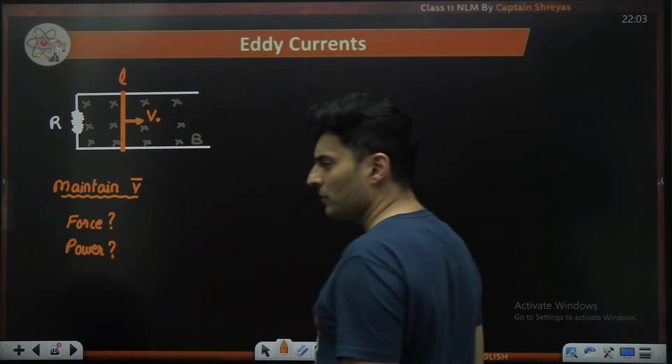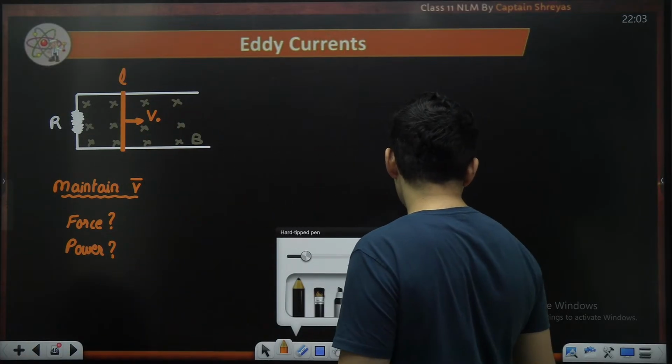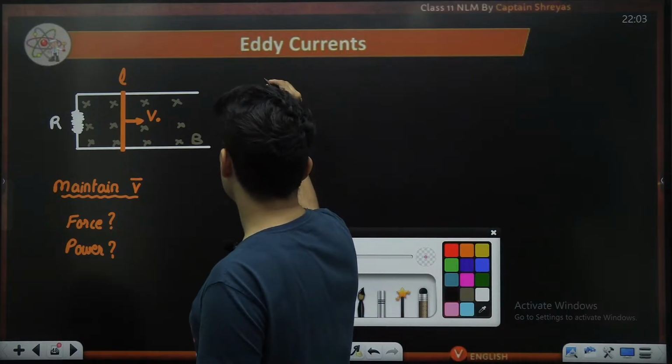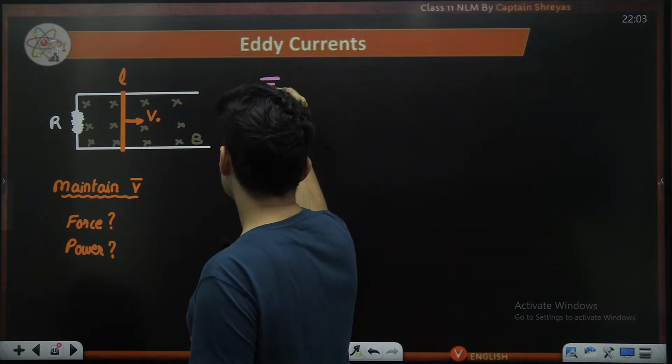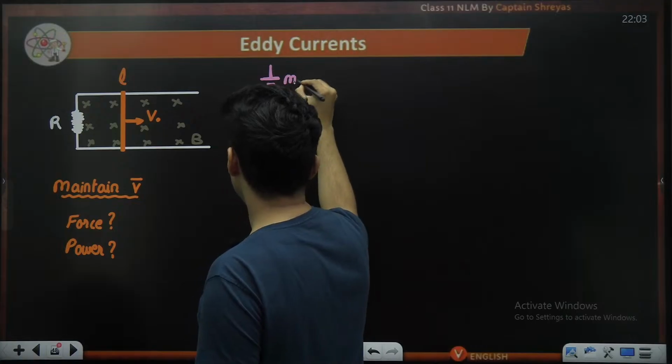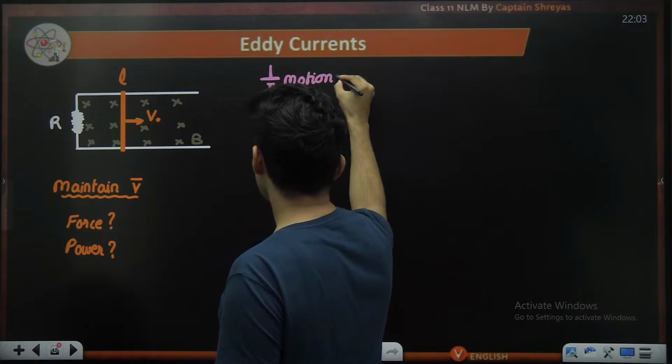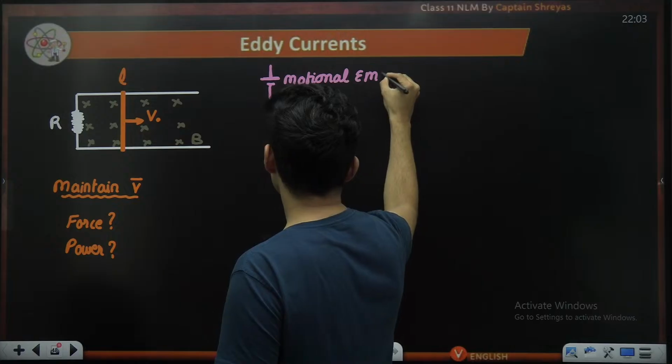In the first scenario, obviously when the rod moves, there is motional EMF.